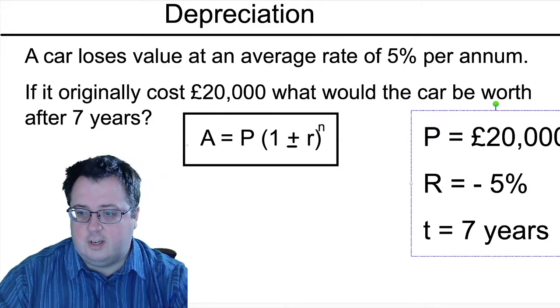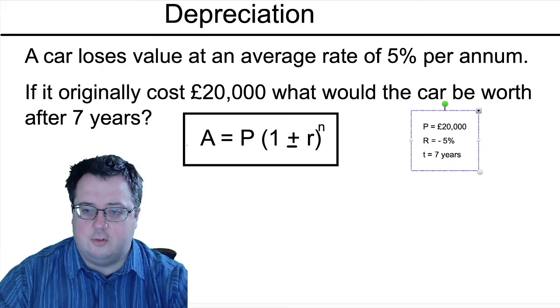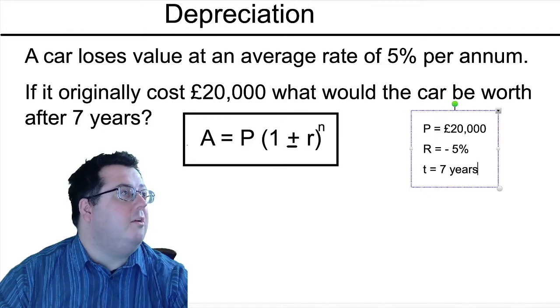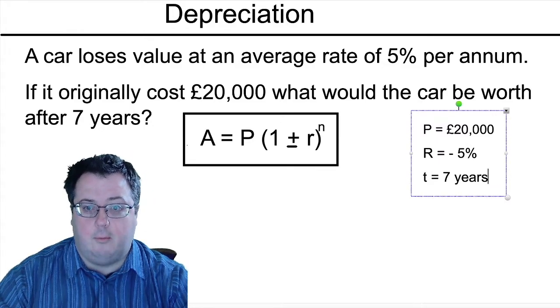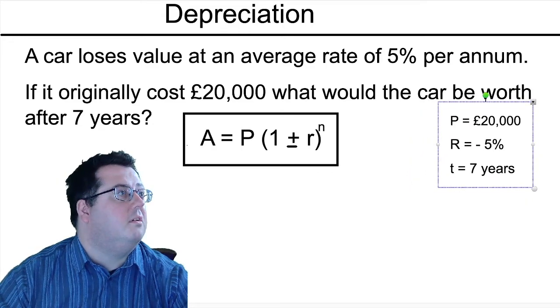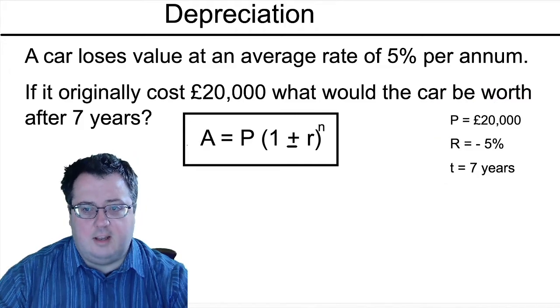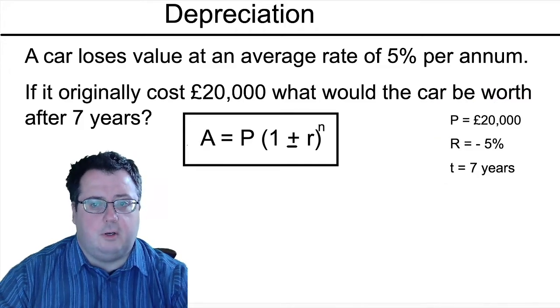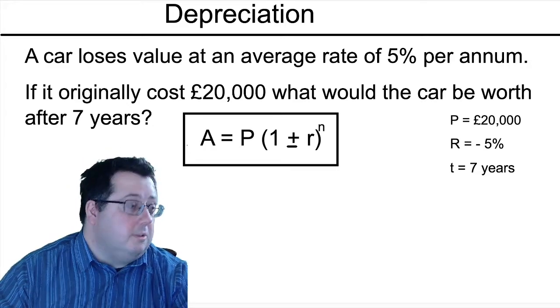Okay, so I can shrink down that. That's a bit too small. Need it to be a little bit larger so that you can all see. There we go. And we'll move this. Okay. So the most complicated thing here is the depreciation part, the minus 5%. But it isn't really complicated at all.